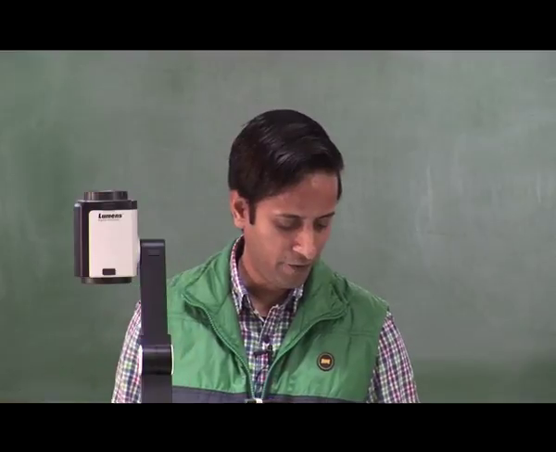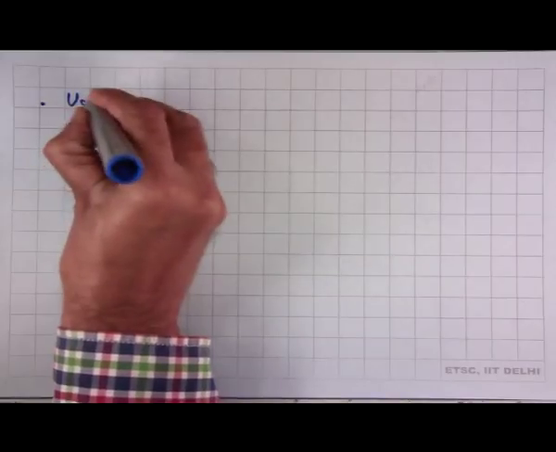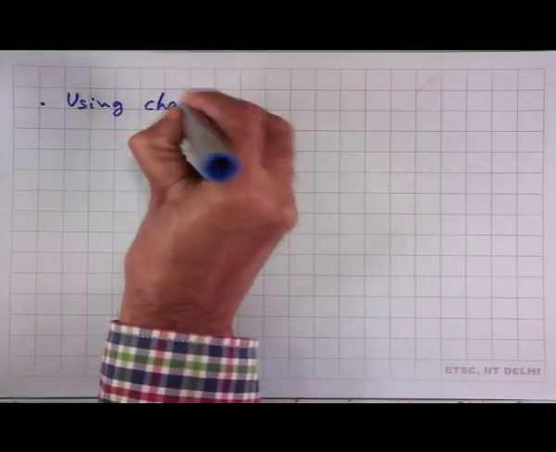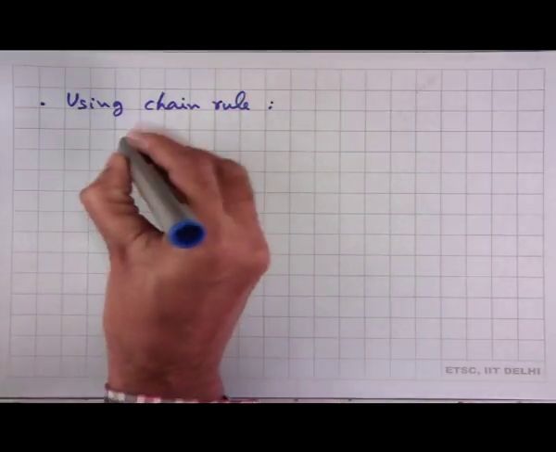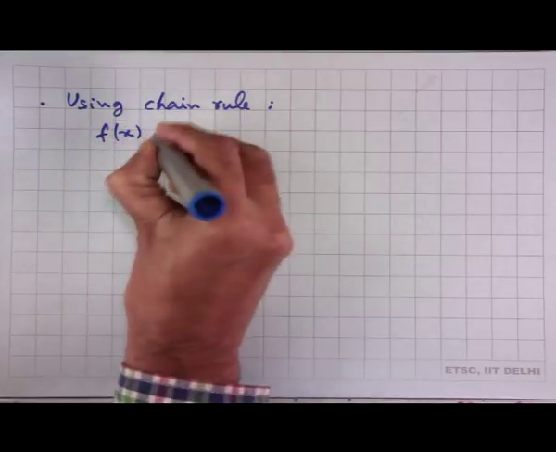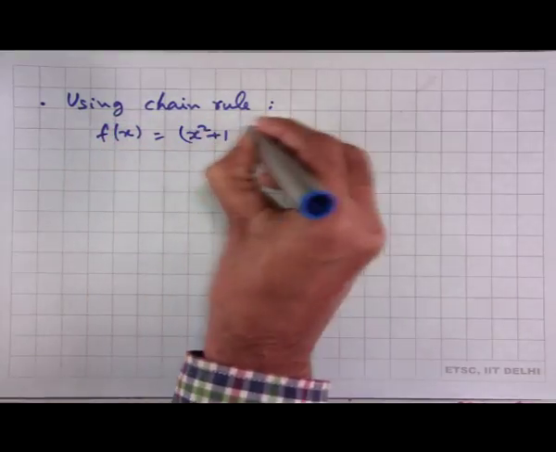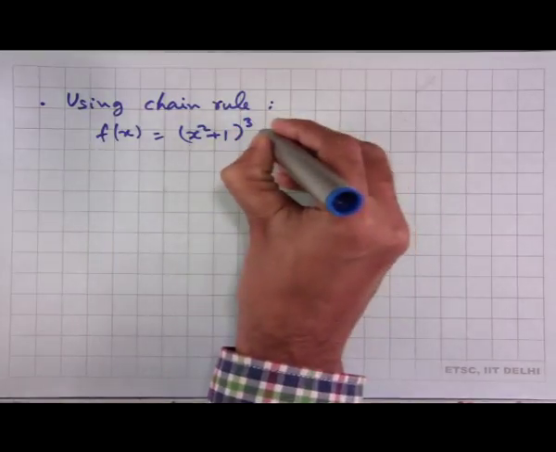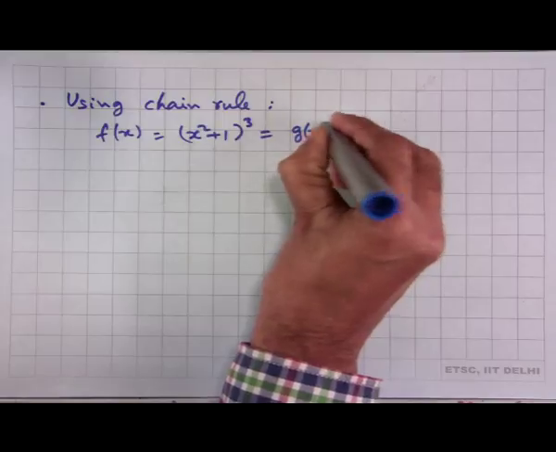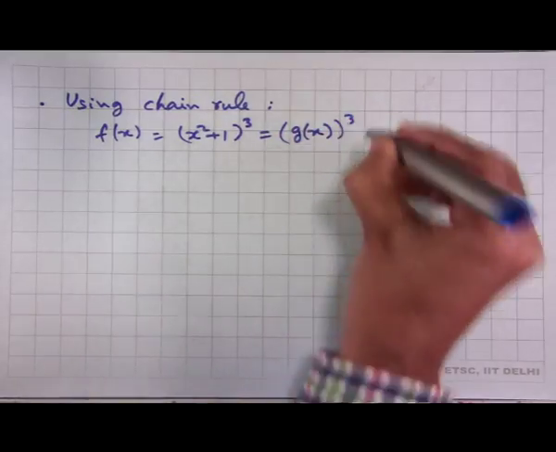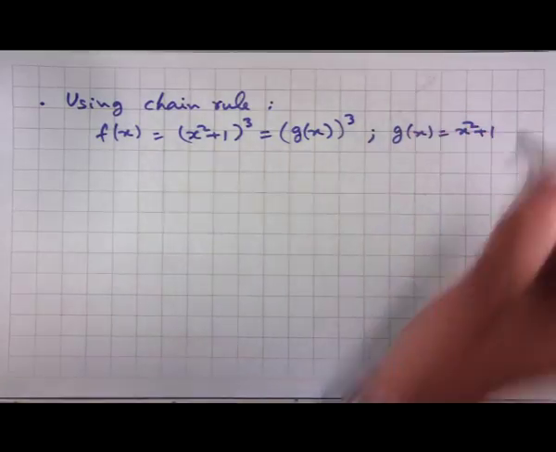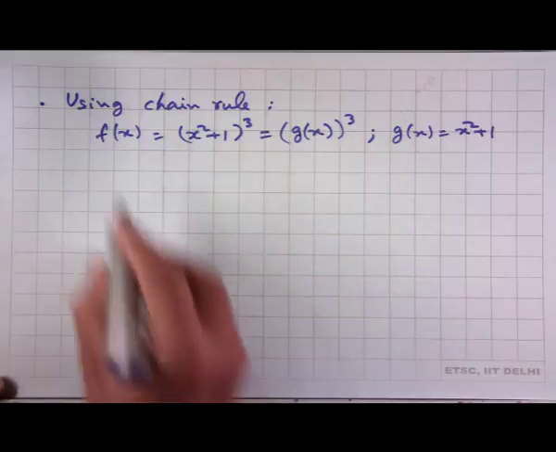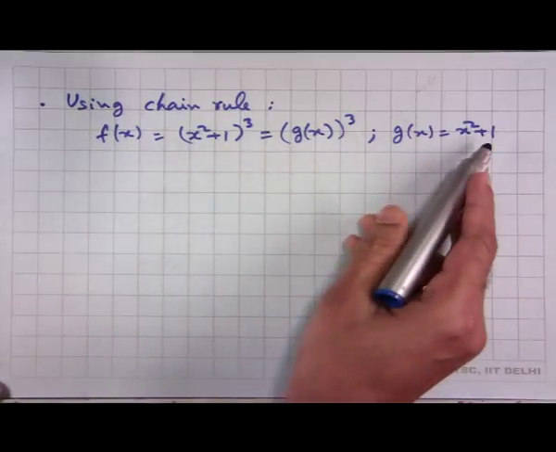But there is another way to do it, using the chain rule. So we have f of x is x square plus 1 cubed. This is equal to g of x cubed, where g of x is x square plus 1.